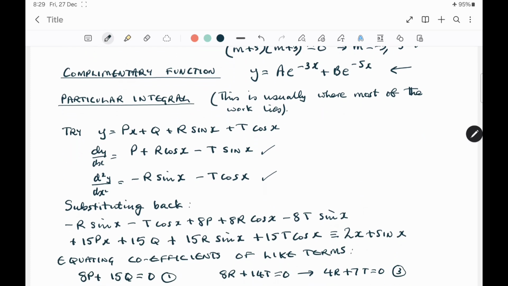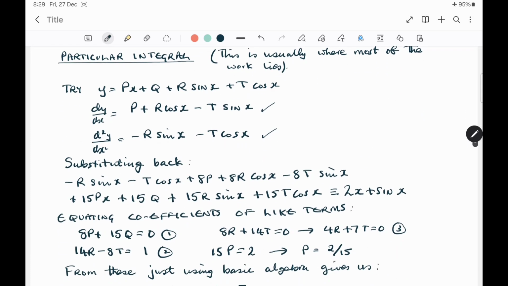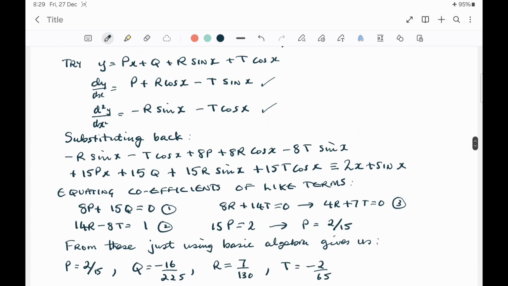We now need to substitute back into the original equation, and we'll get this lengthy expression here. -r sin x - t cos x + 8p + 8r cos x - 8t sin x, then + 15px + 15q + 15r sin x + 15t cos x, and that has got to be the very identical of 2x + sin x.